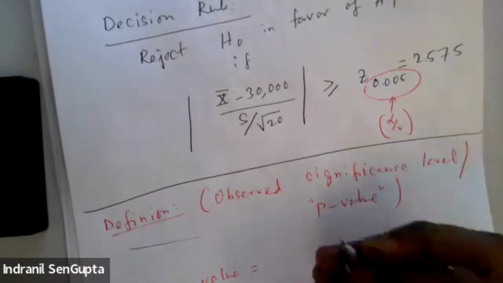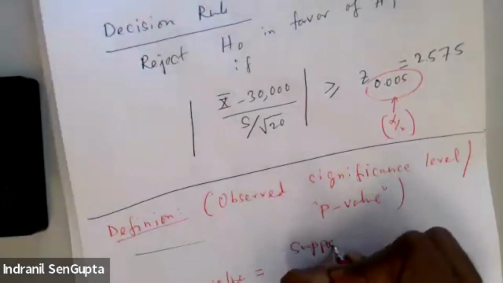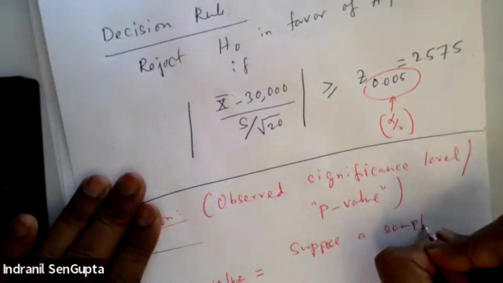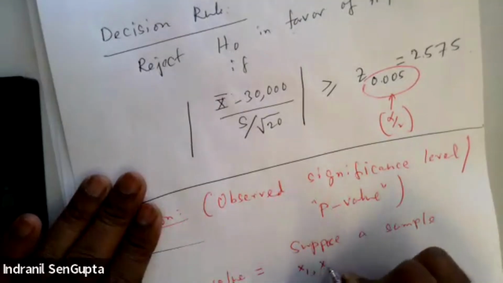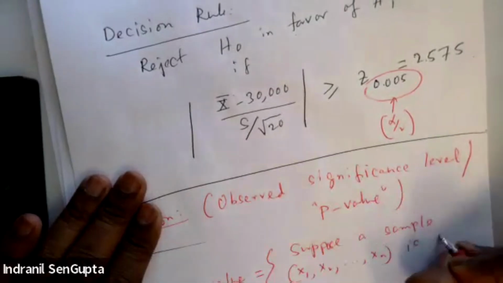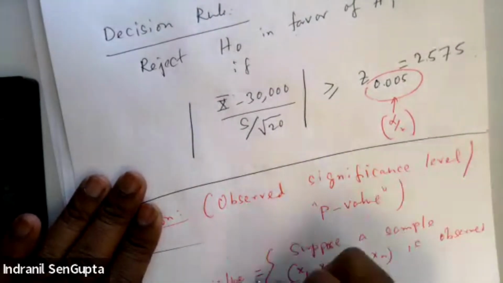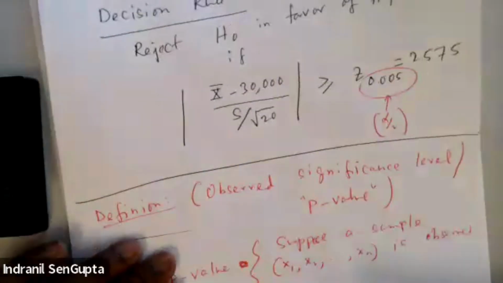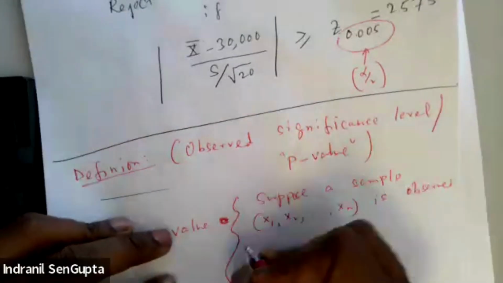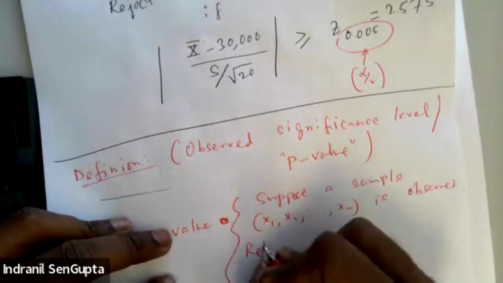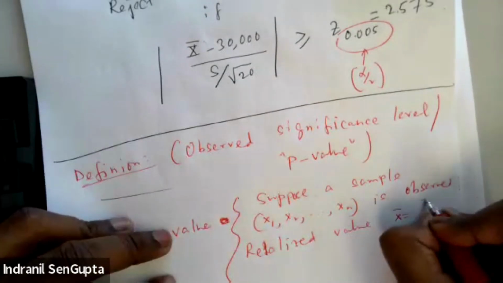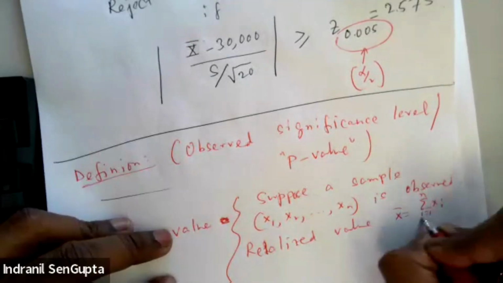Suppose a sample x1, x2, xn is observed, and I'm trying to define the p-value. The observed value or the realized value for this particular sample, X bar, is the summation i from 1 to n of xi over n, right?